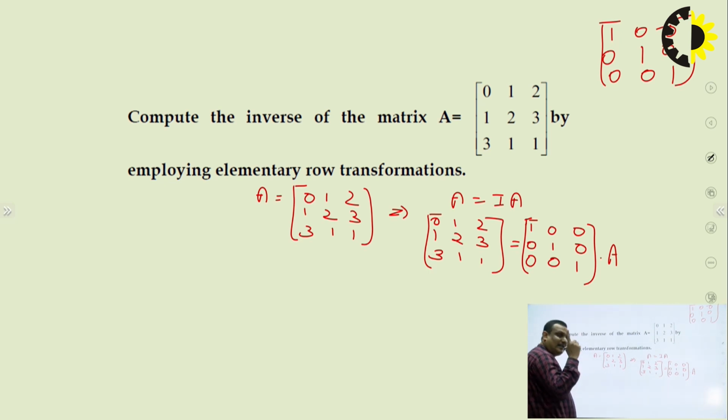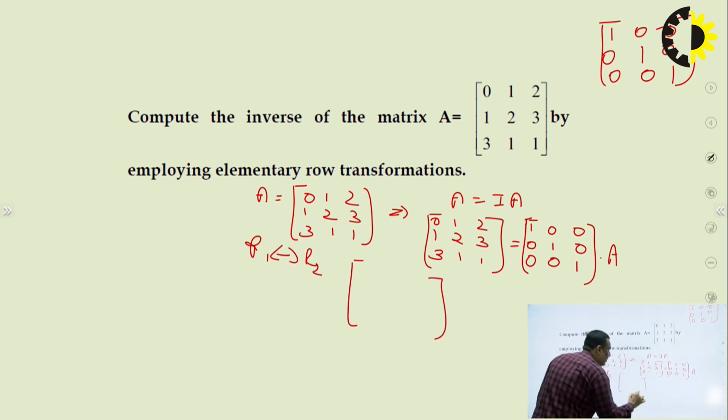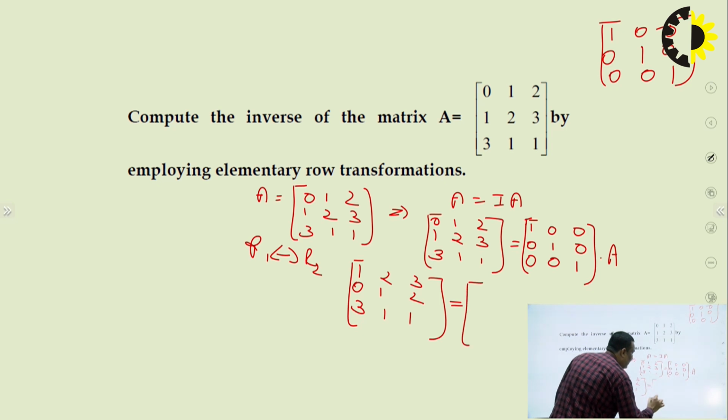So the first elementary row transformation, what is row transformation? Interchanging R1 with R2. So it becomes 1 2 3, 0 1 2, 3 1 1, and the same thing is applied on the right hand side: 0 1 0, 1 0 0, 0 0 1 into A.